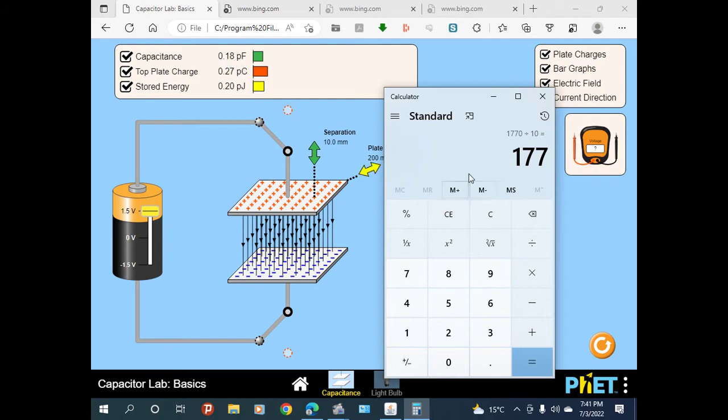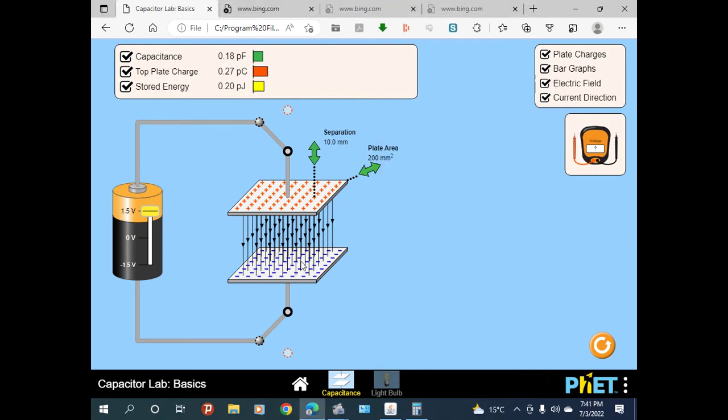0.18 picofarad is the equivalent. And again the plate charge, the top plate or the bottom plate charge.